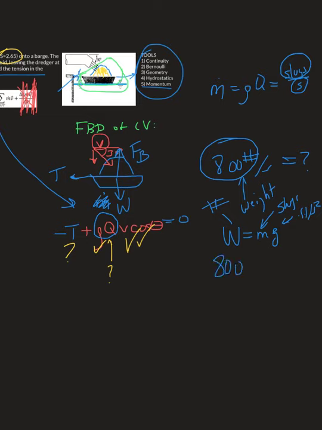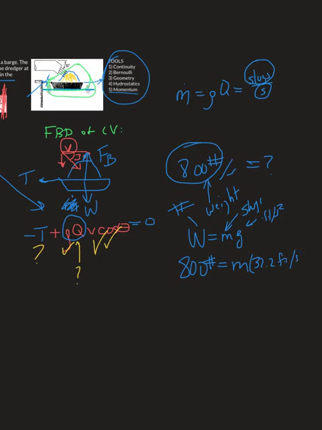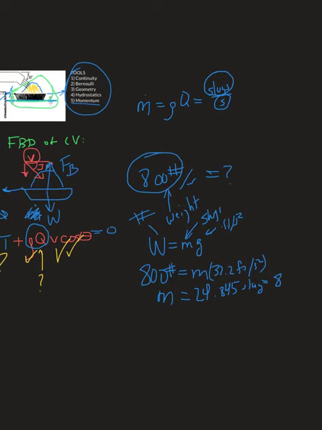So I'm going to do 800 pounds equals the mass in slugs times a gravity of 32.2 feet per second squared. So our mass is 24.845 slugs. That's the equivalent of 800 pounds mass, or 800 pounds weight. It depends on how you want to look at it. Again, this is a lamentable unit. We hate it. We hope it goes away, but it's not going to.